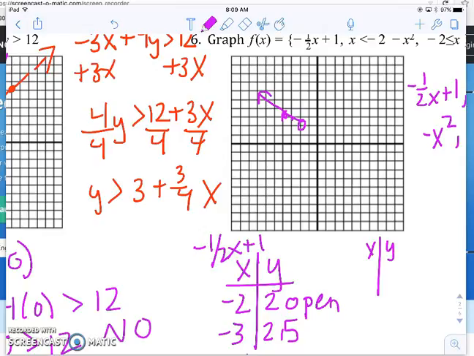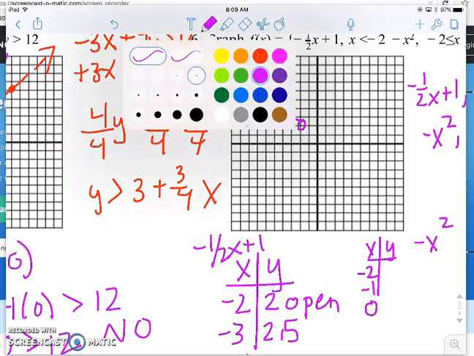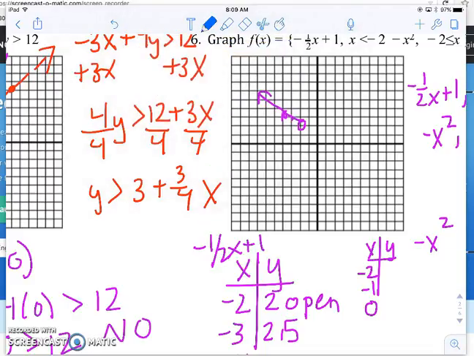So now we have xy for our negative x squared. And this will start with negative 2, but we need values that are bigger. And this one's tricky because when we're plugging in negative 2, it's the opposite of negative 2 squared. So negative 2 squared is 4. The opposite is negative 4.